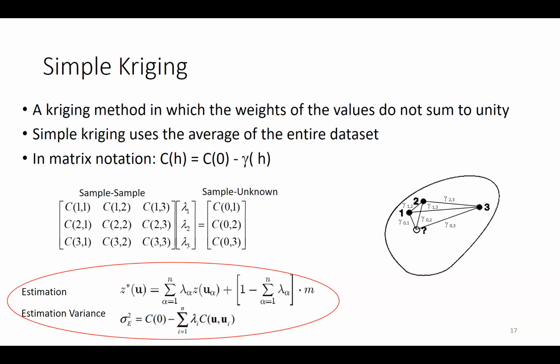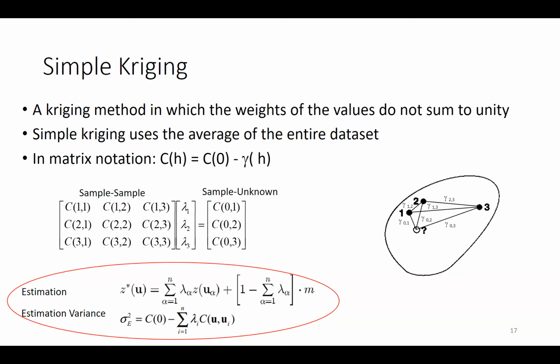The distances that they have with each other and the variogram model that we have in mind. These values are known for us. The location is unknown here, and the distances between observations are known.